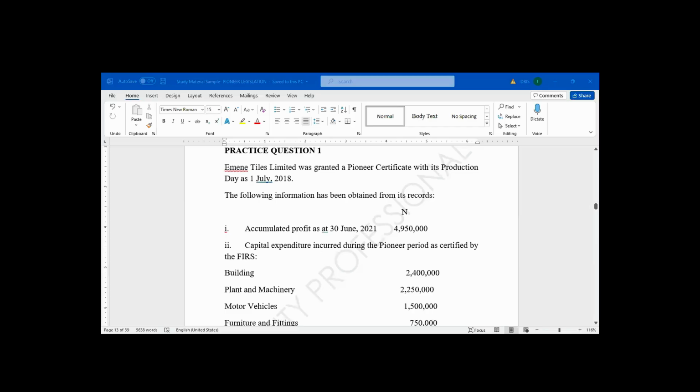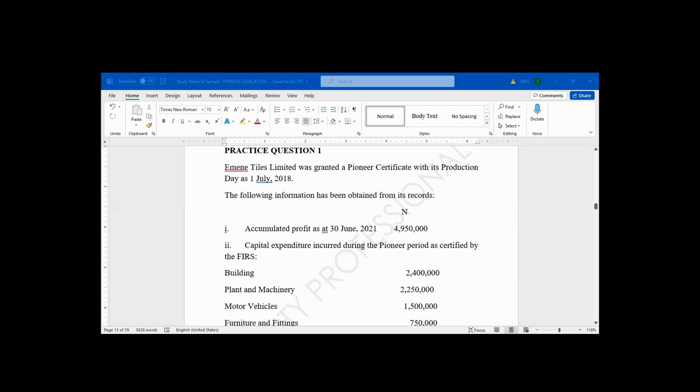The Pioneer period starts from the production date. The Pioneer period will start from the production day and is going to terminate when it is up to 3 years.